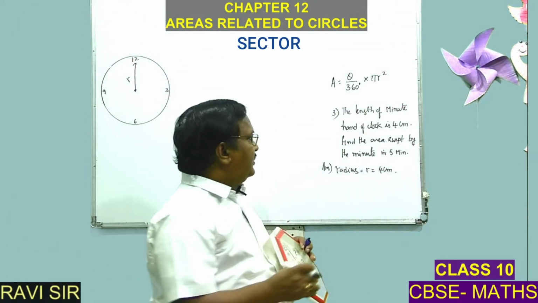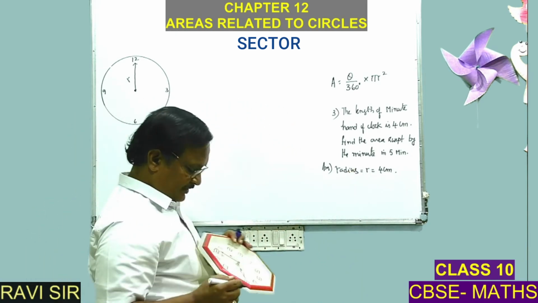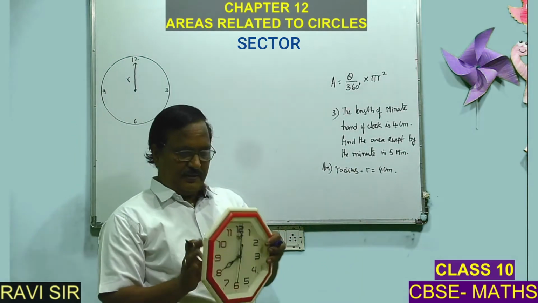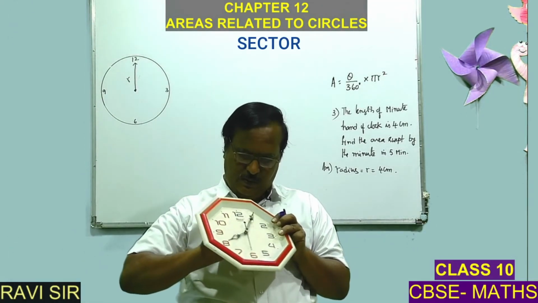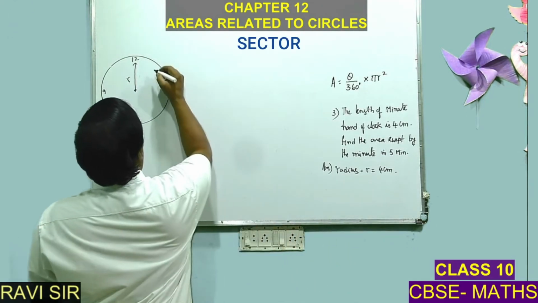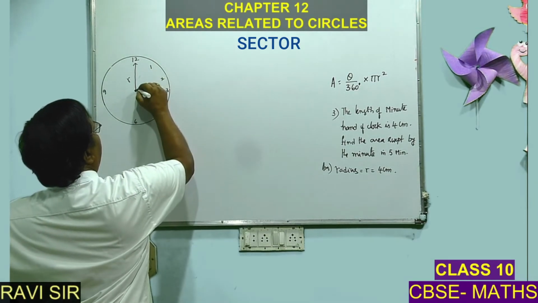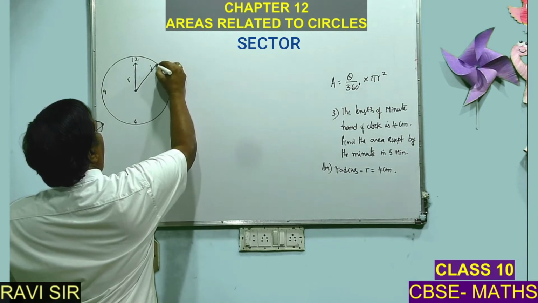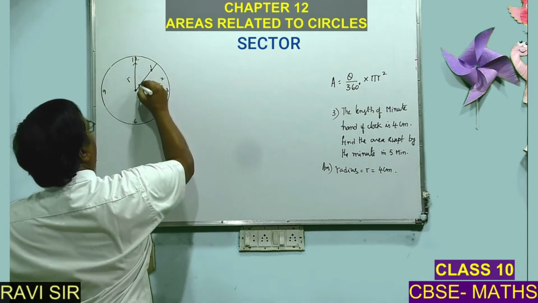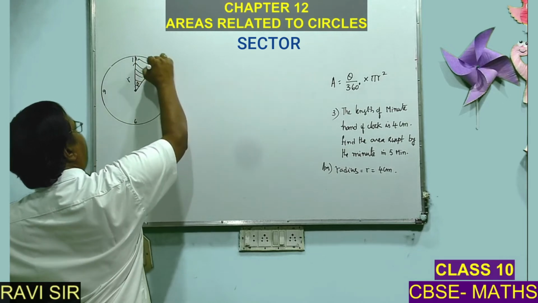Then find the area swept by, that means 5 minutes. In 5 minutes what happened? Our needle will come on 1. That means, say here 12 is there, 1 is there, 2 is there. So this minute hand will come here. So if you just continuously do it, what happened? You will be getting this theta, this entire thing is a sector.